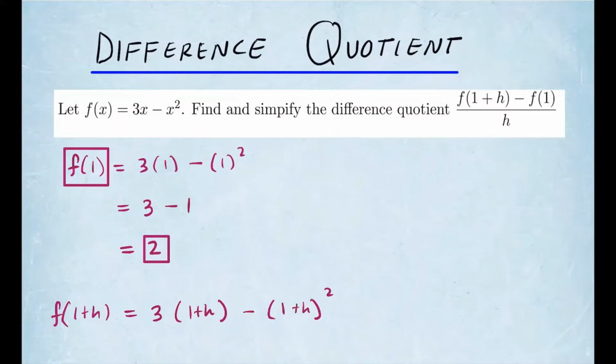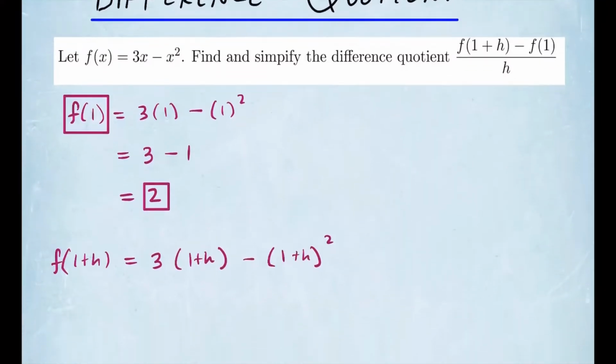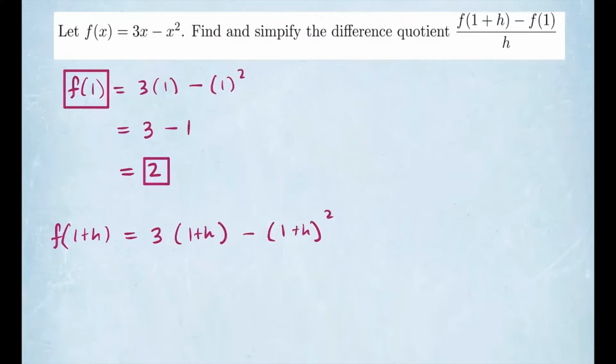And now do the algebraic simplification before we plug it into the difference quotient formula. So here I'm going to go ahead and distribute the 3. This is 3 plus 3 times h, that's 3h. Now for the second term, we're going to expand. So 1 plus h times 1 plus h, well, that's 1 plus h squared.